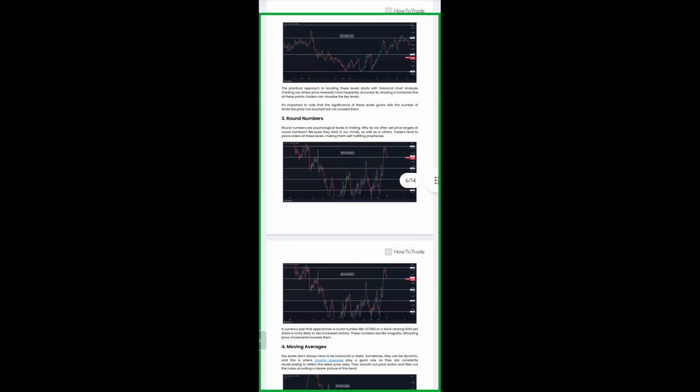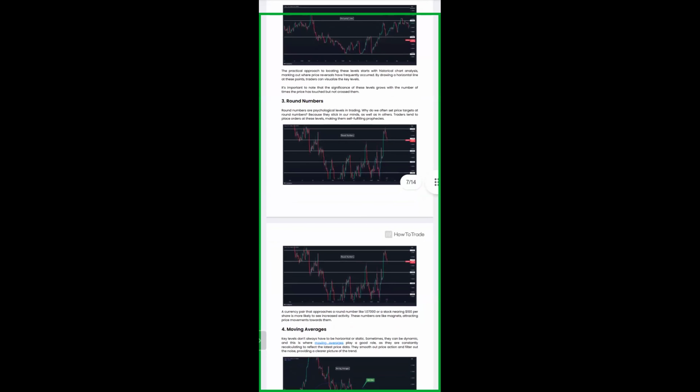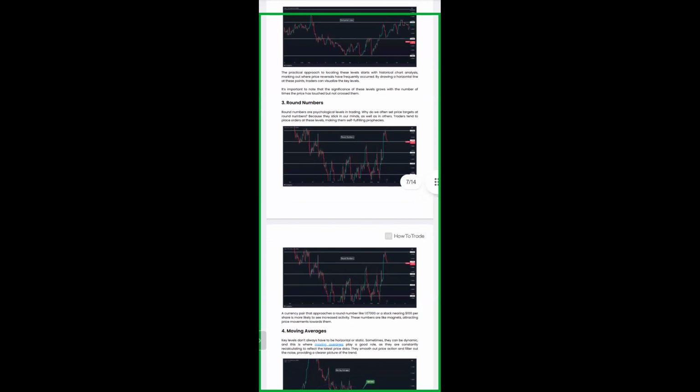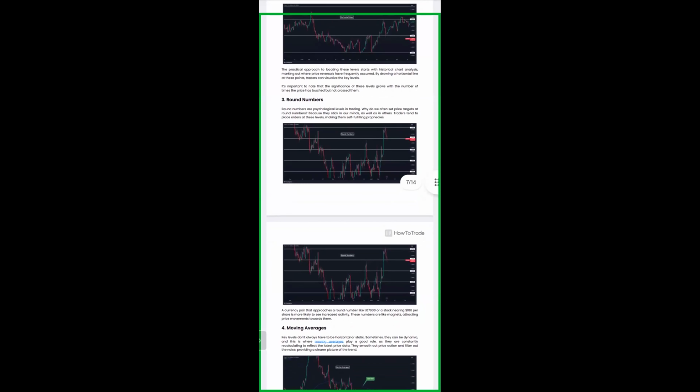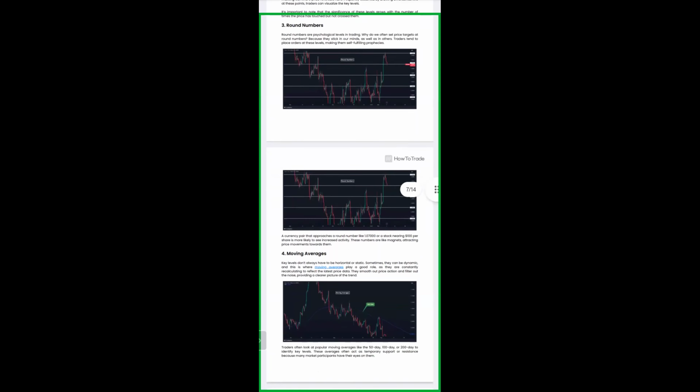These numbers that end in zeros are round numbers, and they are basically psychological numbers. We say they are psychological because they are easy to remember, and major participants in the market tend to react to them and use them for certain decisions. So you always see price moving towards these particular numbers and behaving in a particular manner. Thereby, they are good for creating support and resistance. They serve as very good support and resistance lines.